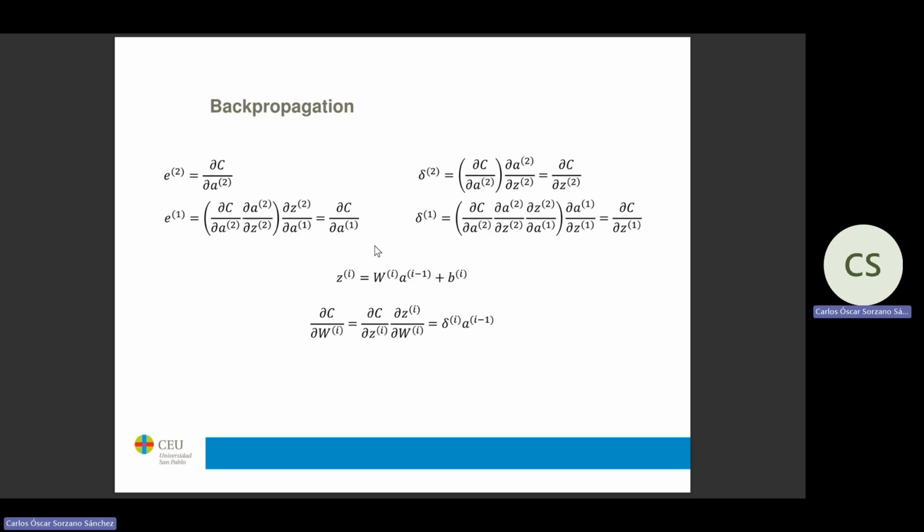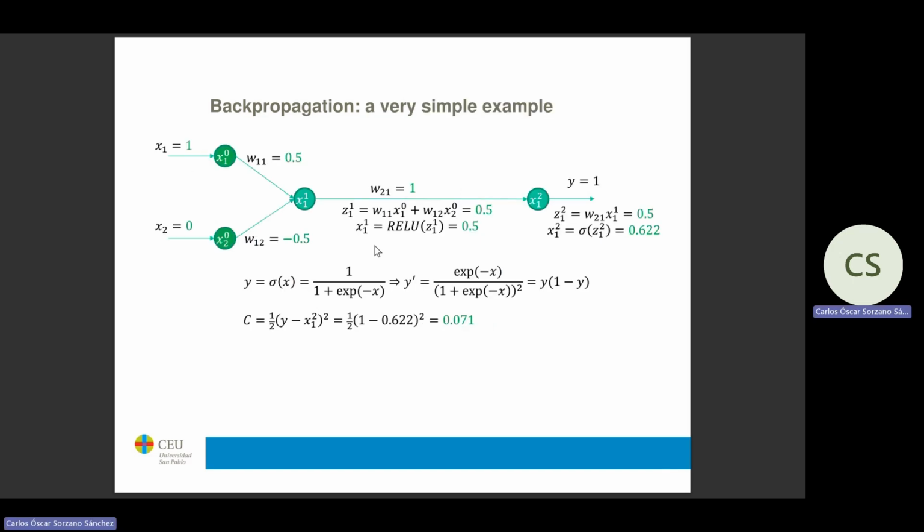Very good. So now let's put some numerical examples so that we can track all these calculations. So let's say that at a particular moment we have these two weights, 0.5 and minus 0.5, and we have these two inputs, 1 and 0.